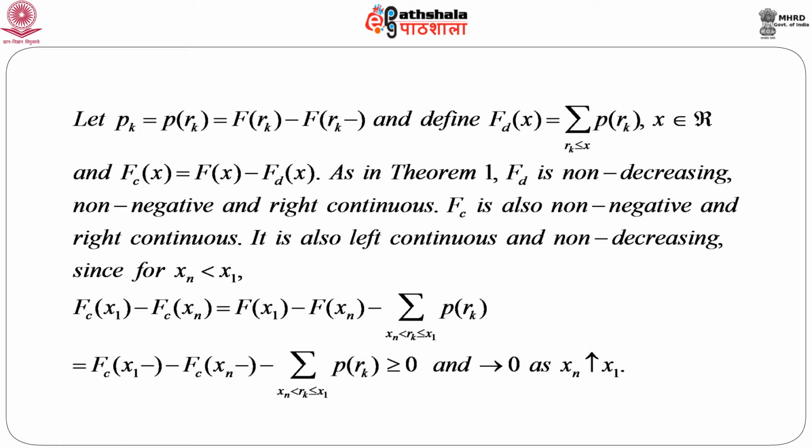And if we define F_c(x) as F(x) minus F_d(x), then it is clear, as in theorem 1, that F_d is non-decreasing, non-negative and right continuous. We can immediately see that capital F_d(x) is a distribution function. So, F_c is also a non-negative and right continuous function.